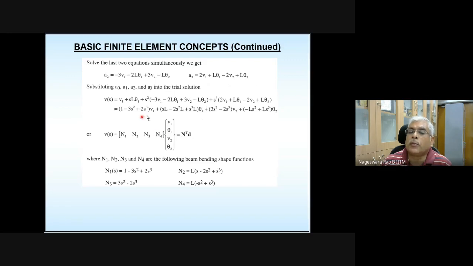So N1 is the shape function for node 1 transverse displacement, N2 is the shape function for node 1 rotation, N3 is the shape function for node 2 transverse displacement, and N4 is the shape function for node 2 rotation.